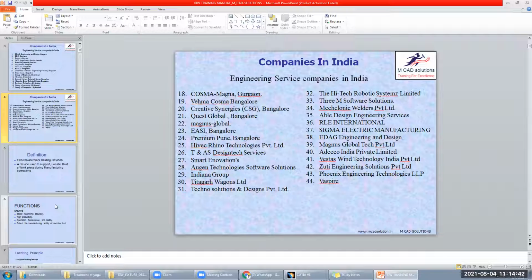So what is geo and what is re-spot? Geo means geometry. Suppose we want to weld two parts in a garage or on any shop floor.